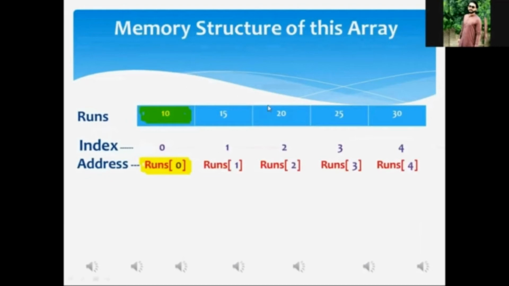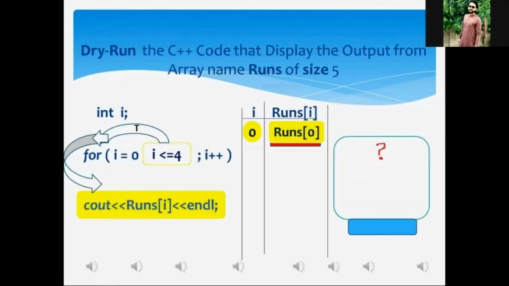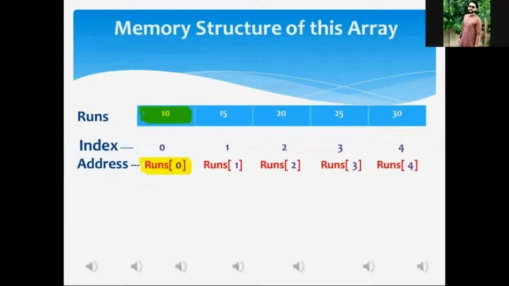Okay, my dear. And over here, the memory structure of the array named runs is there before you. And as a result of the execution of the cout statement, the data value that is stored in the very first memory location of the array named runs will be printed onto the monitor.